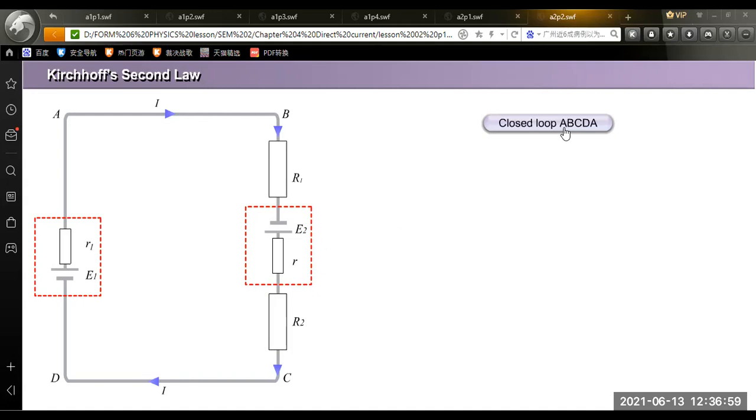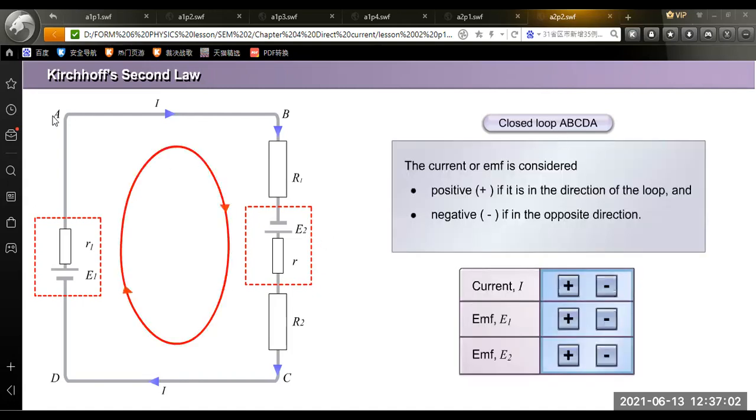So let's say we choose the loop. The loop is A, B, C, D. Okay, so once we choose the loop like that, that means we assume the current flows according to the loop.